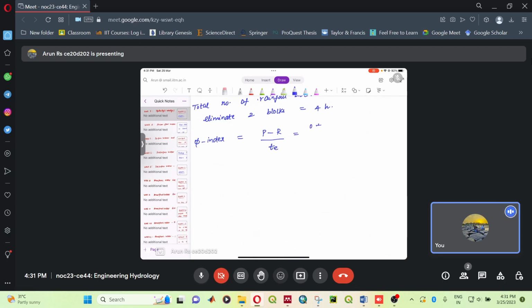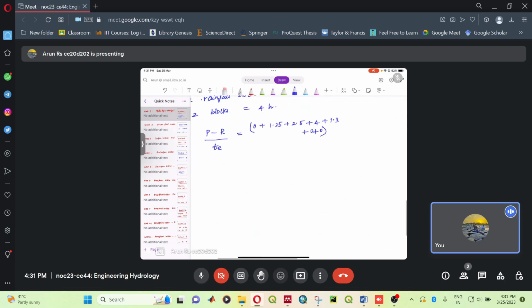So first is 0, then we have 1.25, then we have 2.5, then we have 4 plus 1.3 plus 0 plus 0. So these are the rainfall that is given from the 0th hour to the 6th hour.